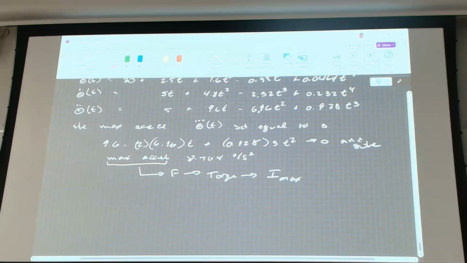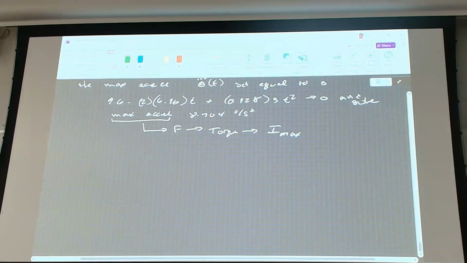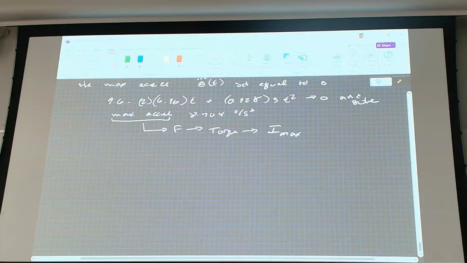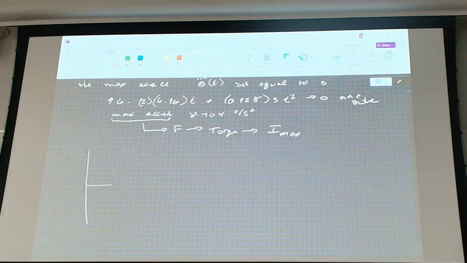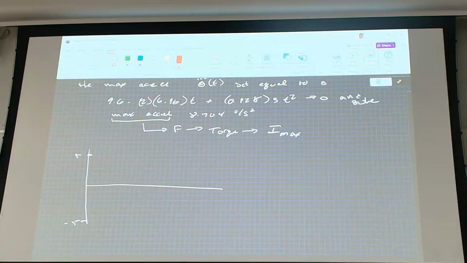So our acceleration graph will look like this. We're going to start at 5 and end at minus 5. And we're going to cross over somewhere, say here. So we're going to see something that kind of looks like this.